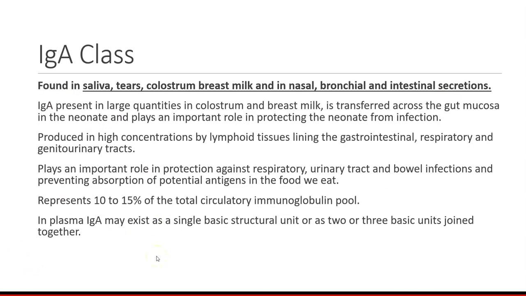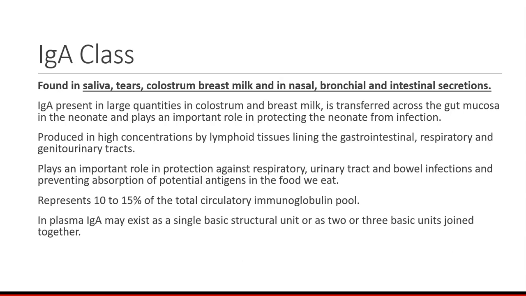IgA class antibodies are found in secretions such as saliva, tears, colostrum, breast milk, and in nasal, bronchial, and intestinal secretions. IgA is present in large quantities in colostrum and breast milk. This is transferred across the gut mucosa in the neonate and plays an important role in protecting the neonate from infection.